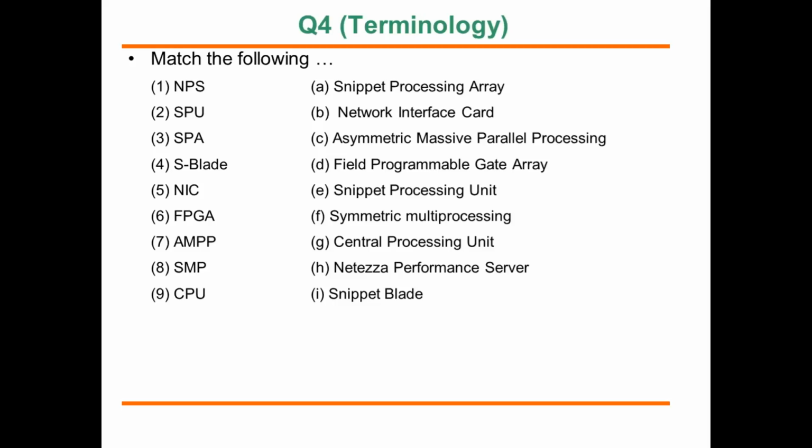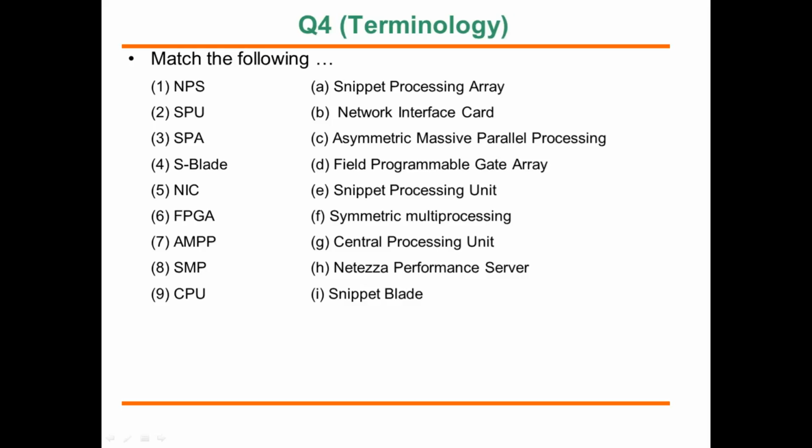Question number 4, this is a little lengthy one. NPS, what is NPS? Netezza Performance Server. SPU is Snippet Processing Unit, SPA is Snippet Processing Array, S-Blade is Snippet Blade.